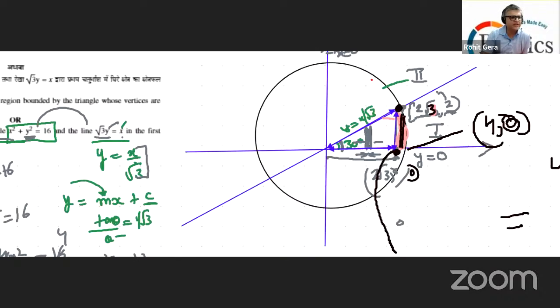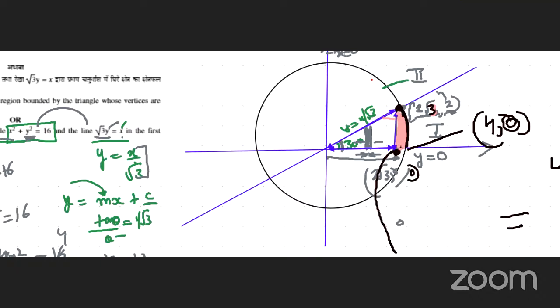See it carefully. Does it make sense to you that I am referring to this circle, and the area I'm referring to is this area? It has nothing to do with that line.